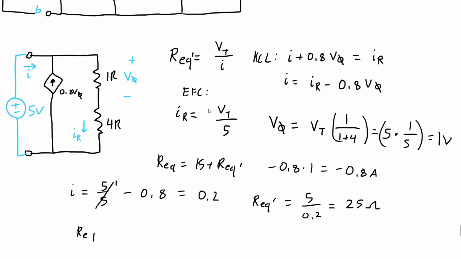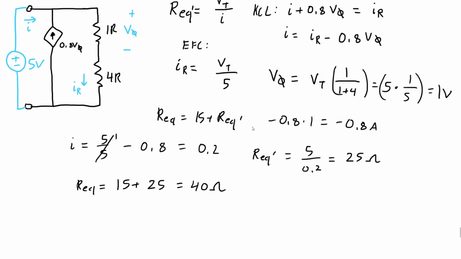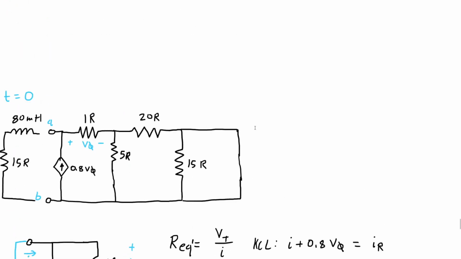So R_EQ for the whole network is going to be 15 from that RL plus the 25. So 40 ohms is the R equivalent. The time constant is going to be L over R_EQ. And I believe L is 80 millihenry.